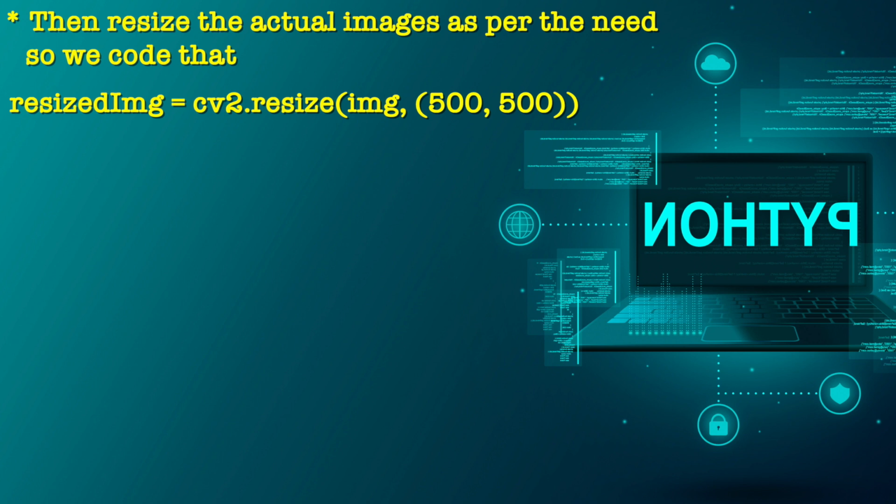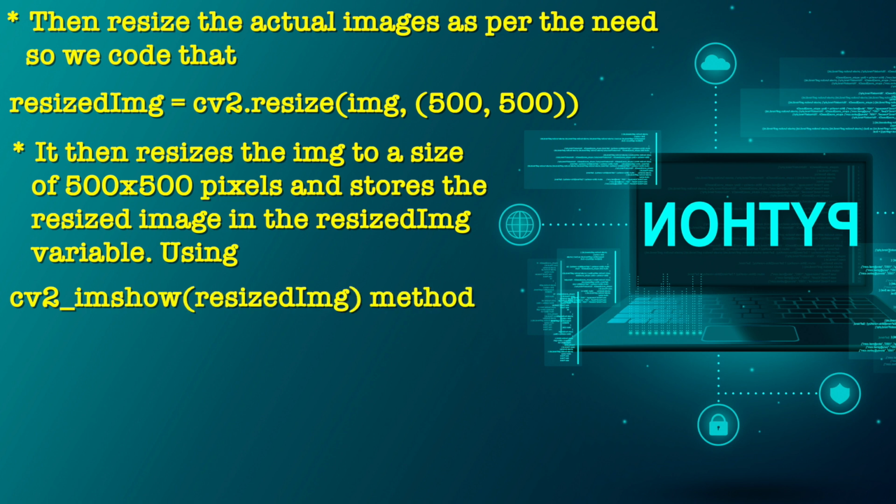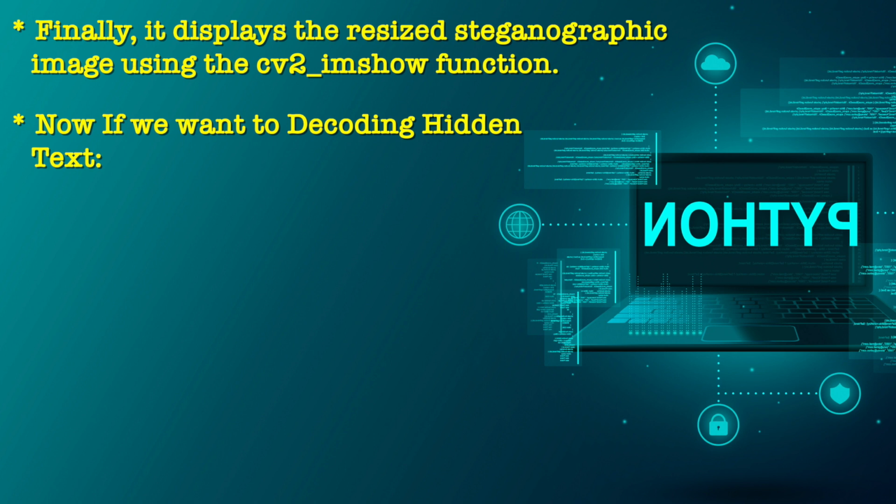cv2.resize(image, (500, 500)). It then resizes the image to a size of 500 x 500 pixels and stores the resized image in the resized_image variable. Using the cv2_imshow method, finally, it displays the resized steganographic image. Now, if we want to decode the hidden text, type text equal to show_data method.